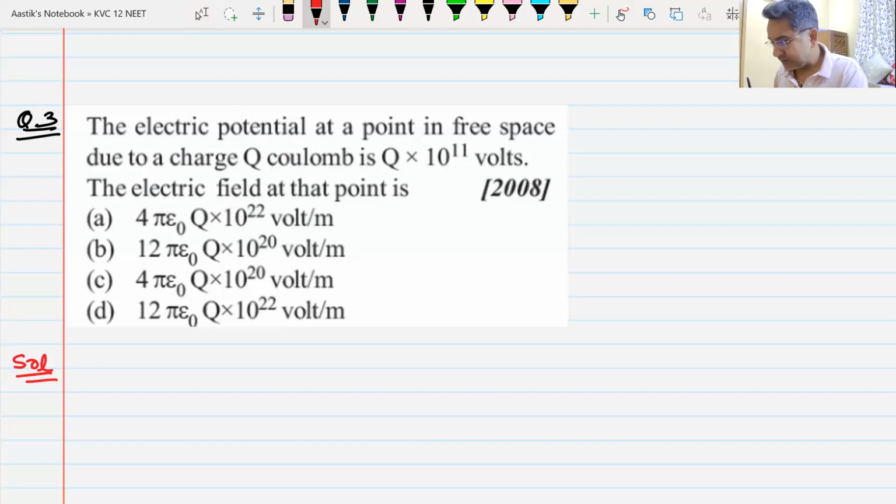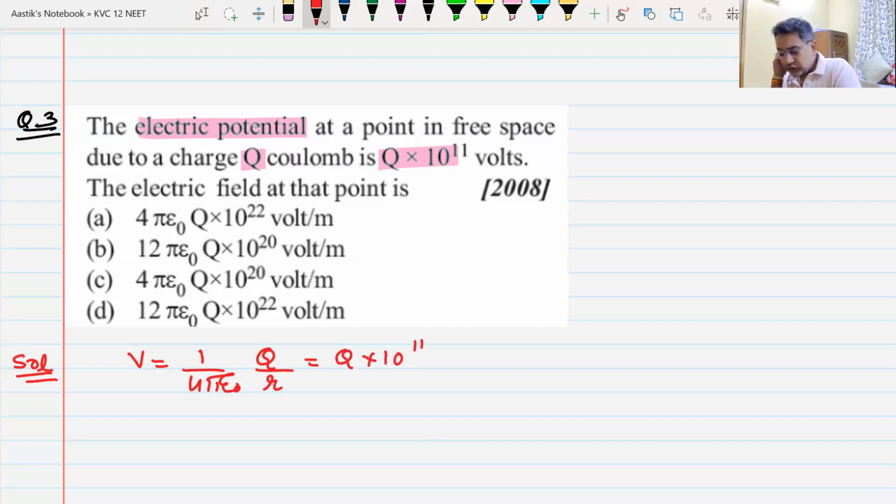No one knows it. So it is given that electric potential due to a charge Q is given by this. At a distance R, we don't know the distance, so I can just write the formula. Electric potential V due to a charge is 1 by 4 pi epsilon naught into Q by R. That is given as Q into 10 raised to the power 11 volts.